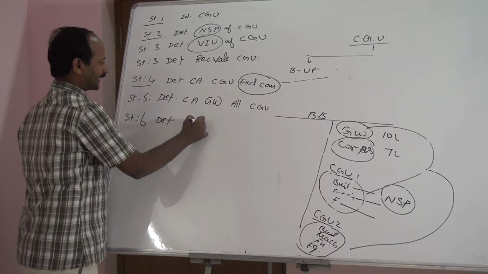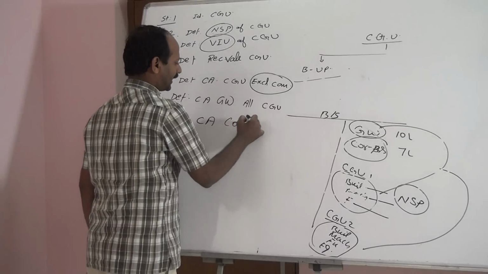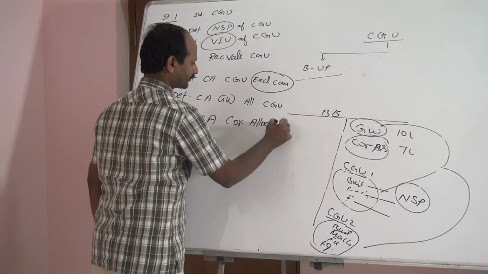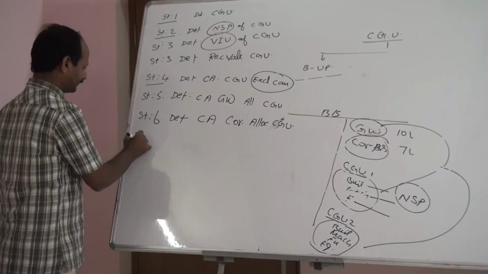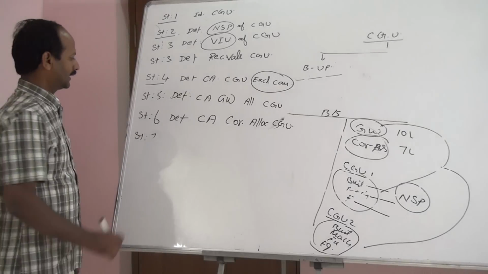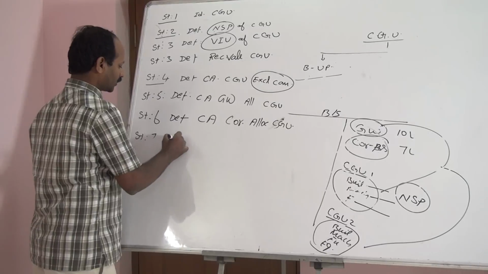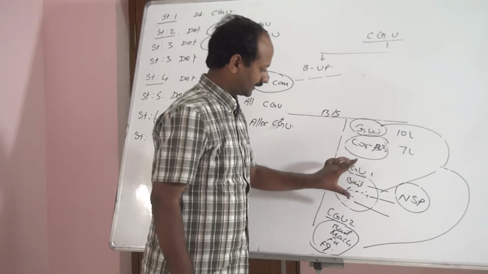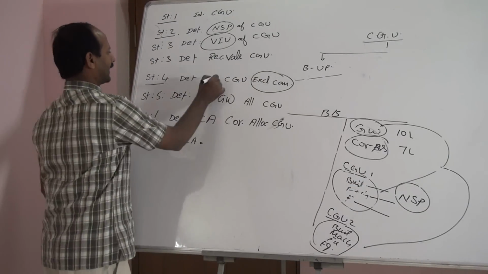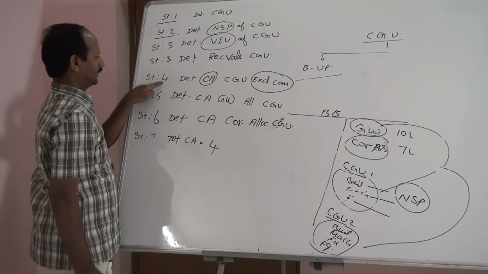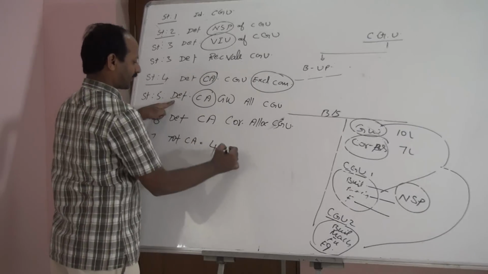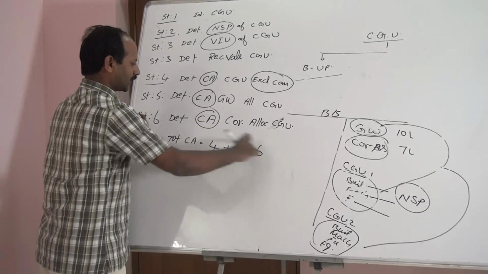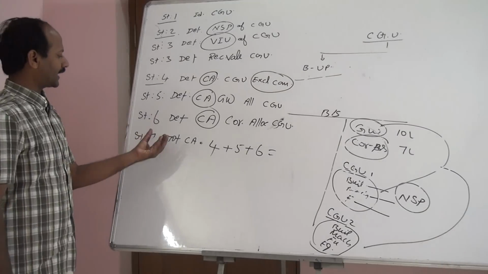Determination of carrying amount of corporate assets allocated to this CGU. Then step 7, let us find the total carrying amount of this entire CGU. That is the carrying amount identified in step number 4, step number 5, and step number 6. The total is the total carrying amount of this entire CGU.